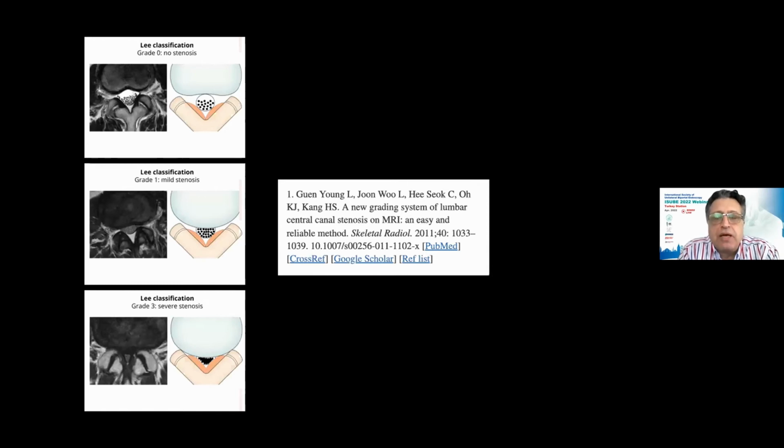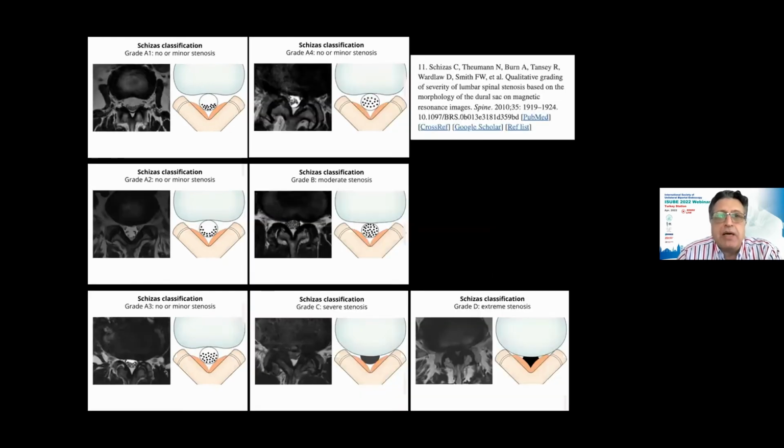But we must not forget that we cannot calculate only by the sagittal plane, because all the classifications of stenosis made by Lee and by Schizas and others are made on axial cuts. It is like a combined triangle, and a combined triangle is not a two-dimensional anatomical whole.